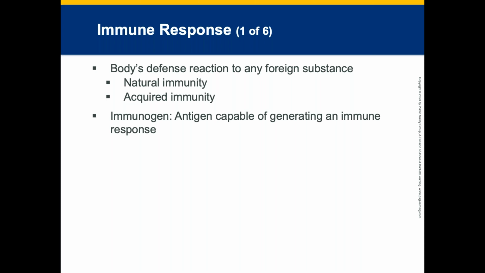So chemotaxins attract leukocytes from the circulation to help fight the infection. Leukocytes, white blood cells, right? Come in, help attack that infection. The complement cascade ends with the formation of a set of proteins called the membrane attack complex.